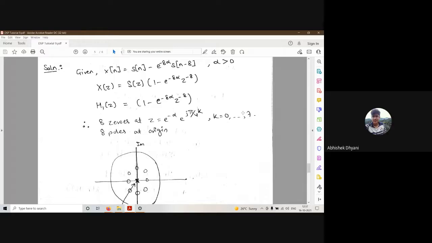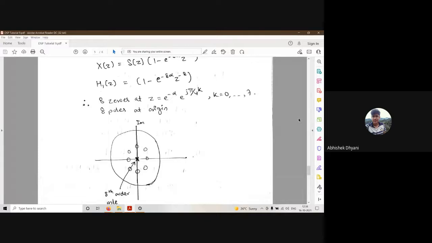The idea of poles is that first of all, the transfer function must go to infinity, so whenever there must be a pole, it should be at z equal to 0 for this case. And since the poles and zeros must be equal in number, there must be a pole of order 8.